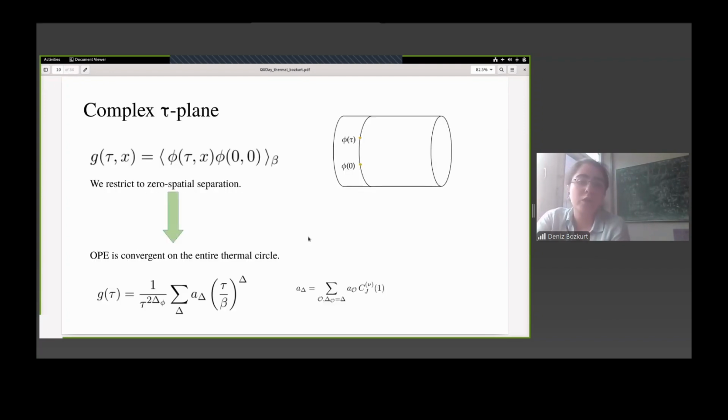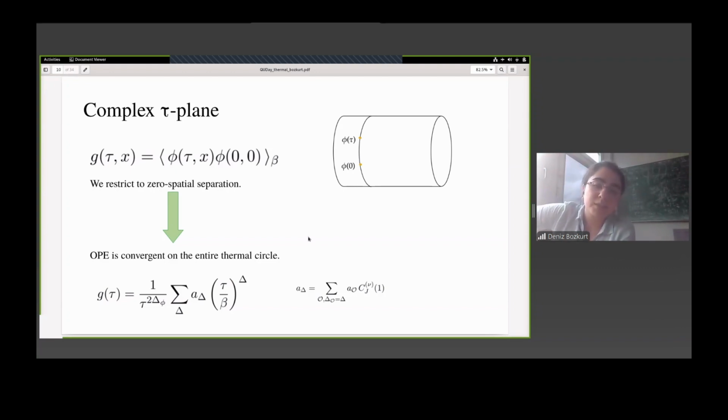Okay, so again, we are thinking about the thermal 2-point function of 2 scalar fields, but we are restricting ourselves to the case that the 2 operators are sitting on the same thermal circle.